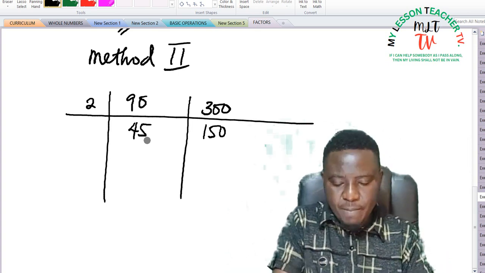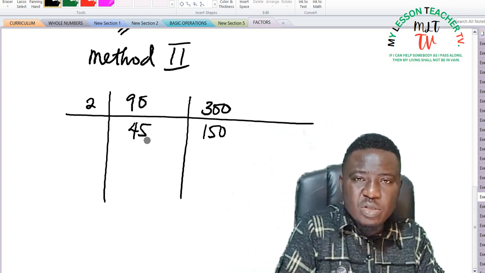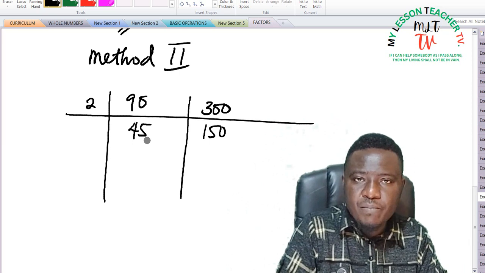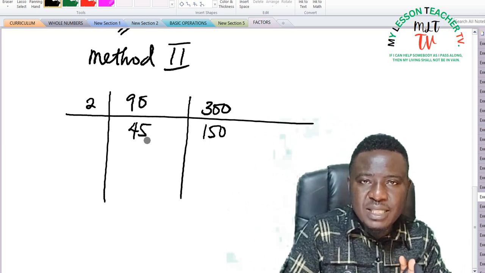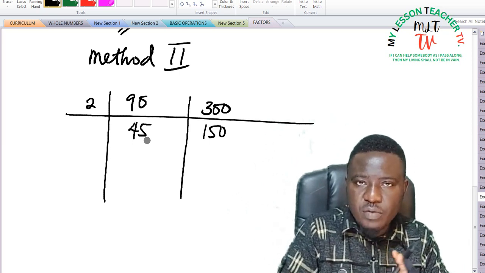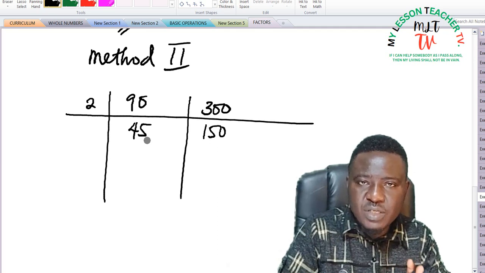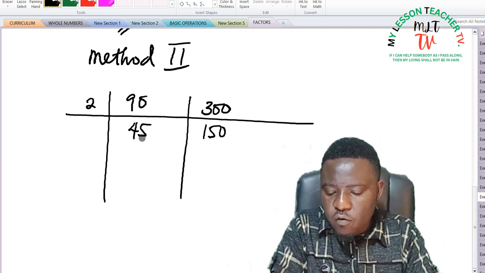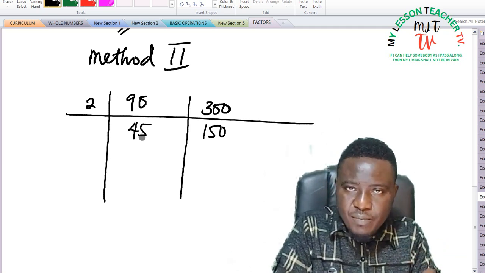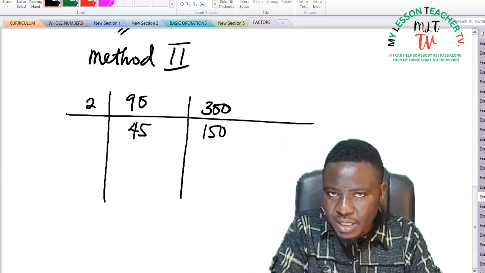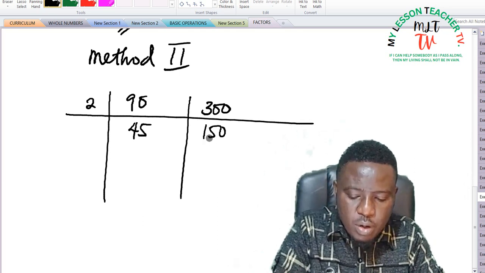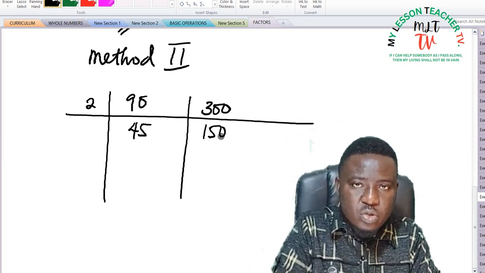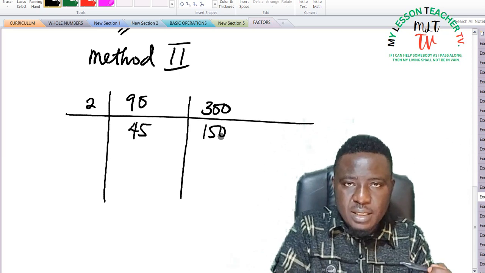So we test for 3. Can 3 divide? What is the condition for divisibility by 3? The condition is that the sum of the digits must be divisible by 3. Now, 4 plus 5 is 9, and 9 is divisible by 3. Good. Look at the next one. 1 plus 5 is 6, plus 0 is 6, and 6 is also divisible by 3.